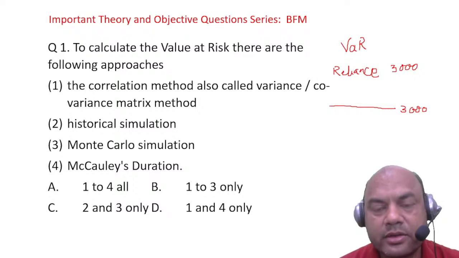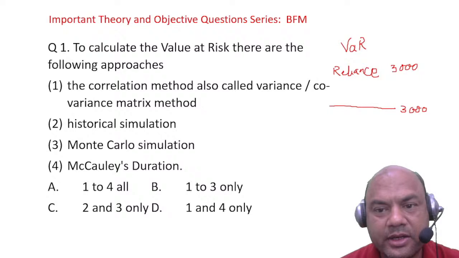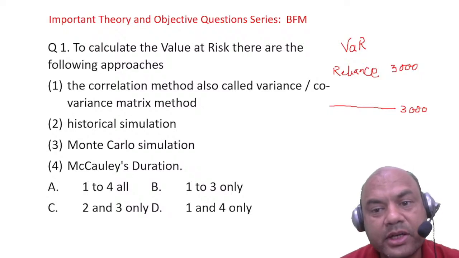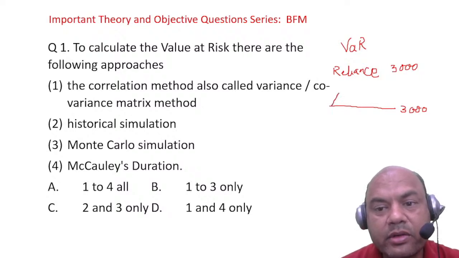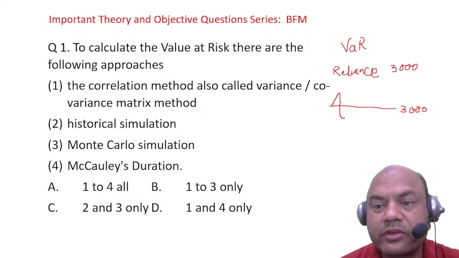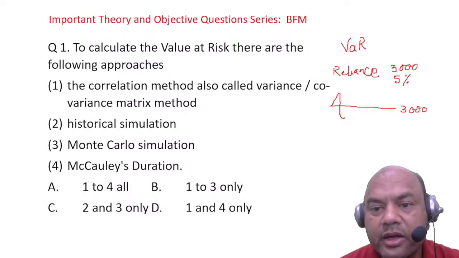Suppose in a month, Reliance is fluctuating 5%. So 5% here and 5% there. It will be 5% into 3000, so it will be 1500 over here and 1500 over there.